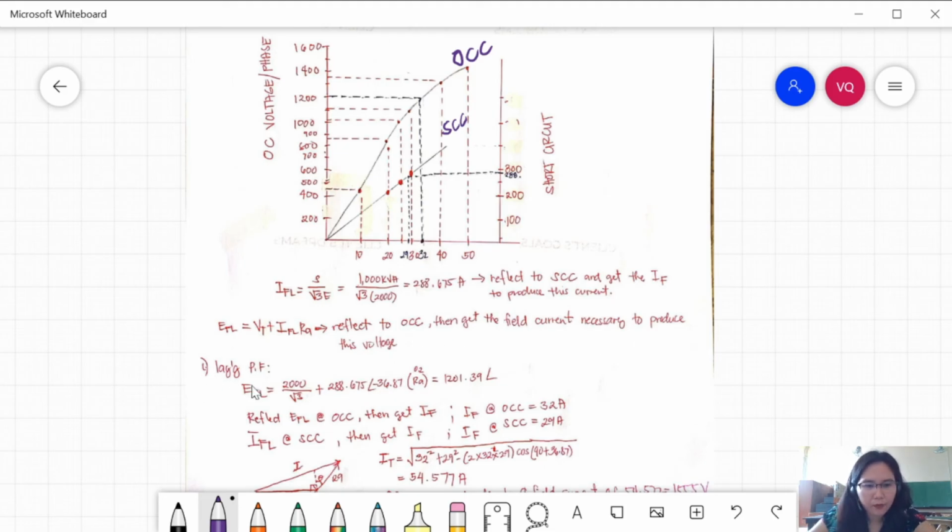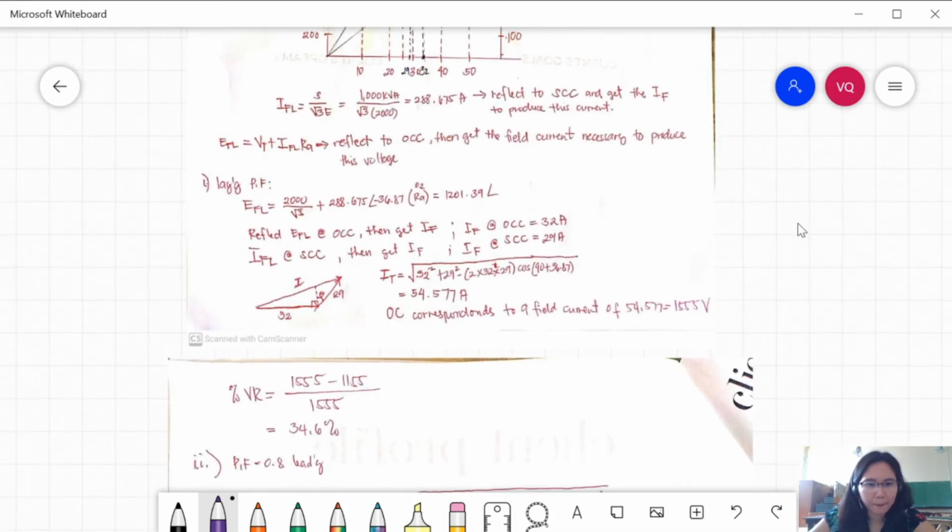For lagging power factor, we have EFL is equal to 2000 divided by square root of 3 plus our full load current 288.675 angle negative 36.87 multiplied by our RA 0.2, that is equal to 1201.39 angle, so angle something, hindi ko na nasulat.